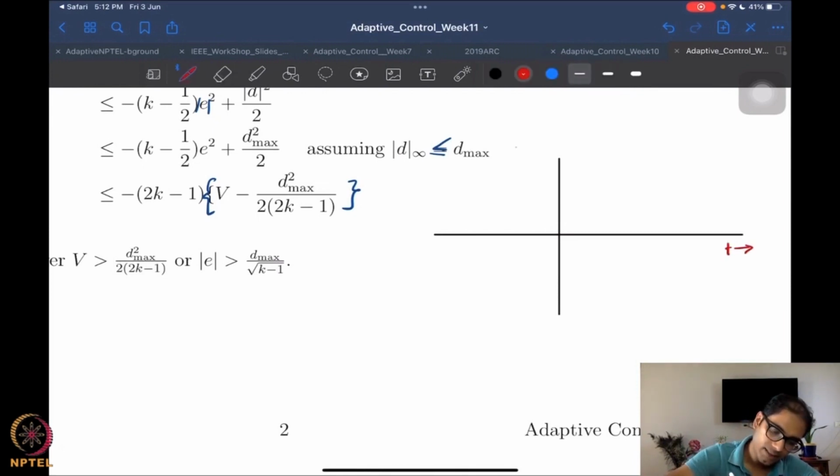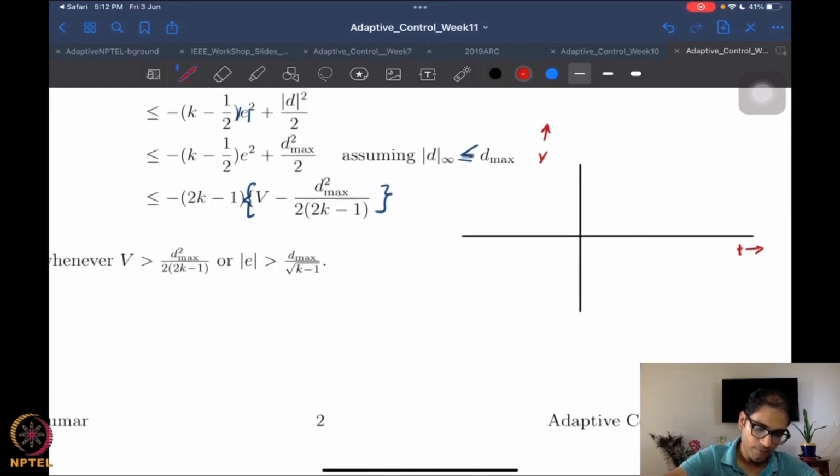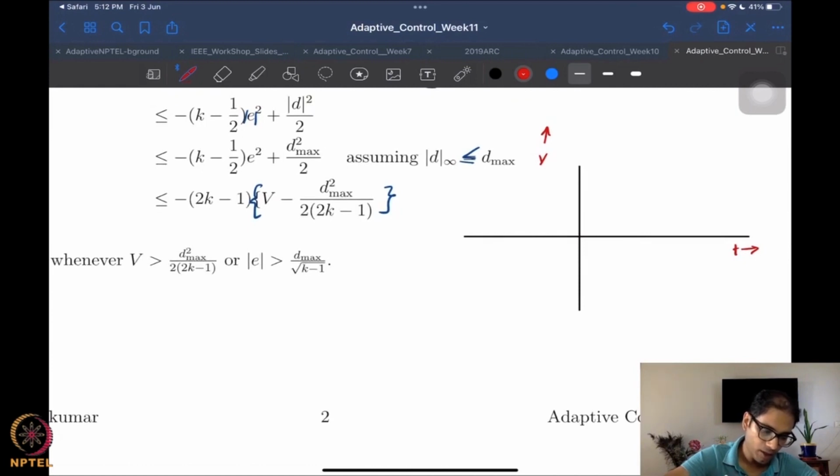And in the y-axis, suppose I plot V. V is essentially E squared, but still I want to plot V. In fact, I'll also want to plot E, so that's fine.